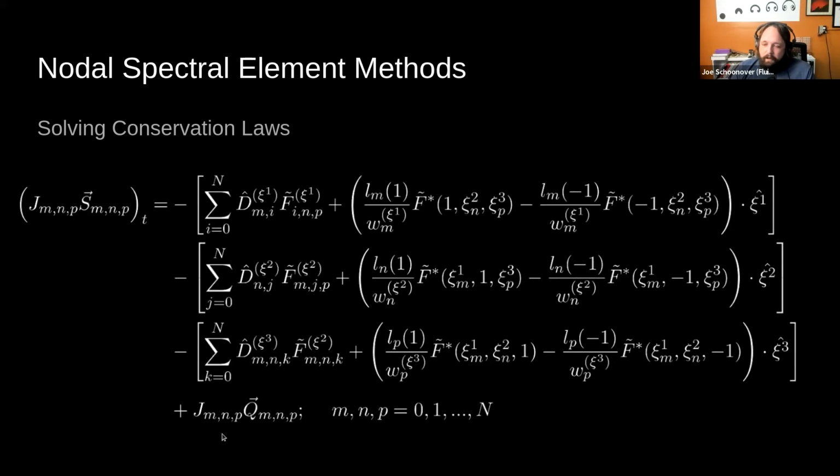And of course, the other terms we have to work with, like these source terms, are just pointwise evaluations, so they're all order n cubed as well. And if we think about scaling, the number of flops for the derivative operation versus any of these other terms is larger, so it's no surprise that in most cases this is where most of the work is done, both on CPU and GPU hardware.